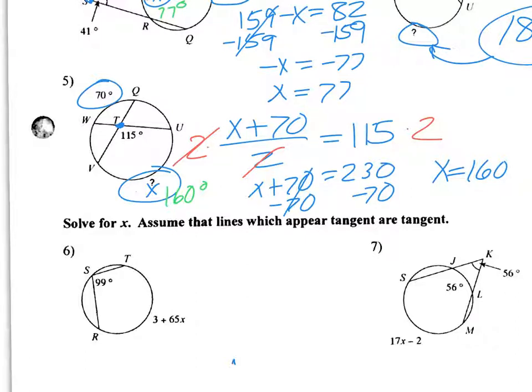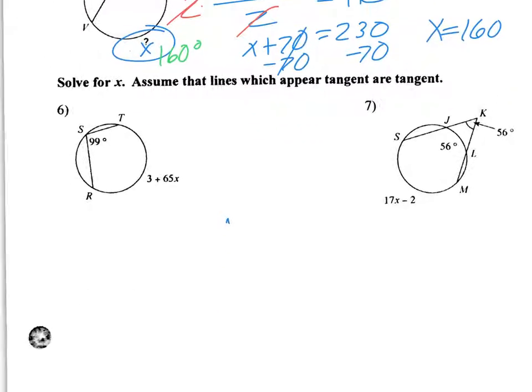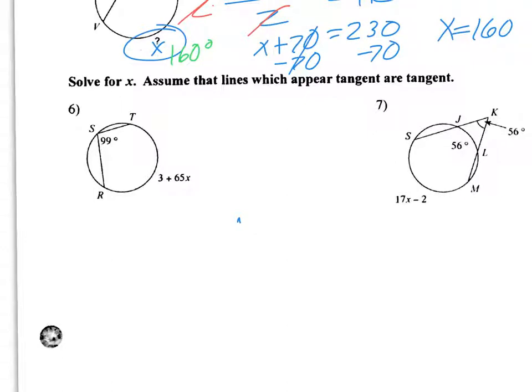All right, let's keep going here. What happens here? The only thing that really changes here is now we have equations. We don't just have numbers. We still use the same concept though. Where's my vertex? It's on the circle. So in this case, the arc is equal to 2 times the angle.